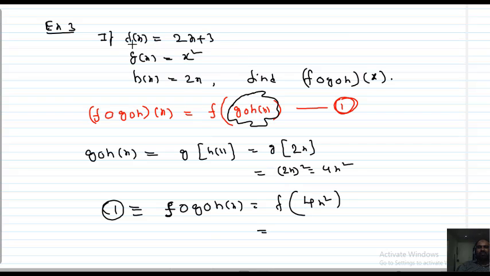Actually, according to the given problem, f of x is 2 means f of 1 is 2, f of 3 is 2, f of whatever is 2, so f of 4x squared is also 2 only. But I changed the problem, no problem. F of k means 2k plus 3, that is 8x squared plus 3. So this is the rule for the new function, called f circle g circle h. Okay.